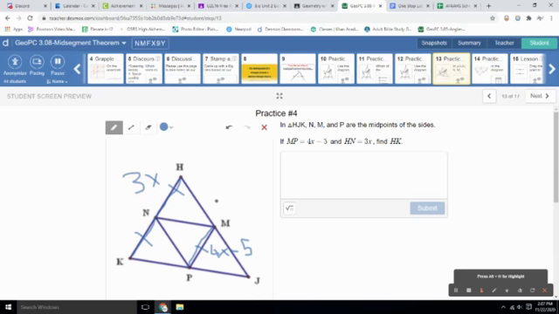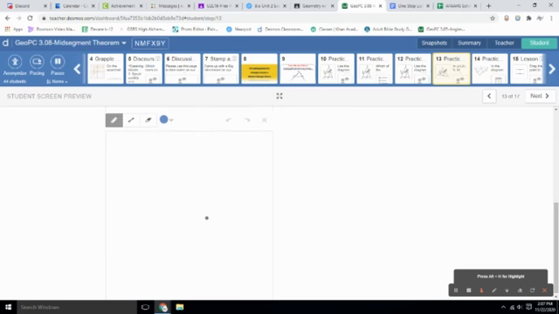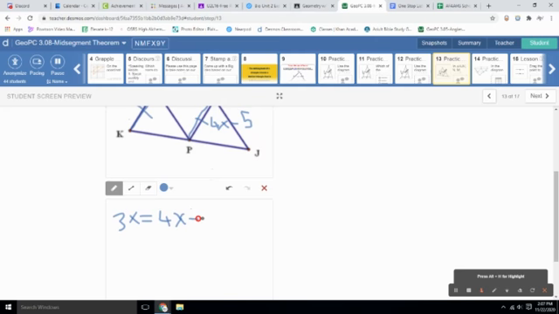We can set up an equation based upon what we know about these two. Because they're parallel to each other, we know that this one is equal to this segment in length. So we can set up an equation that says 3x equals 4x minus 5.